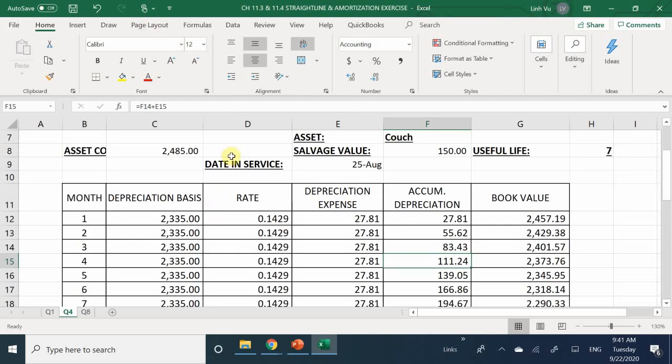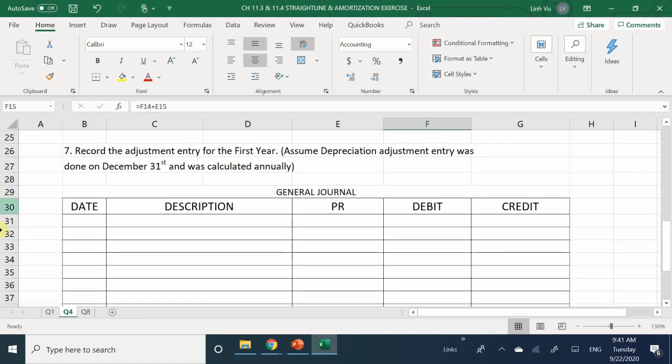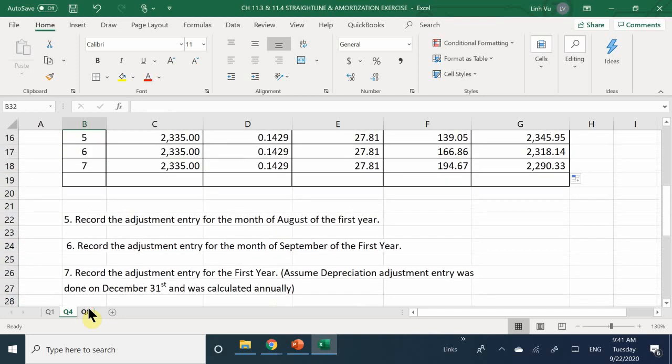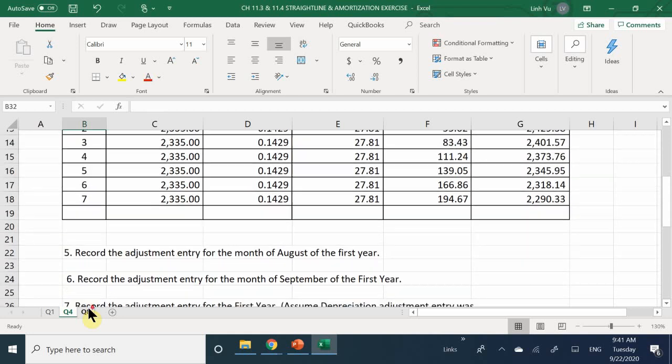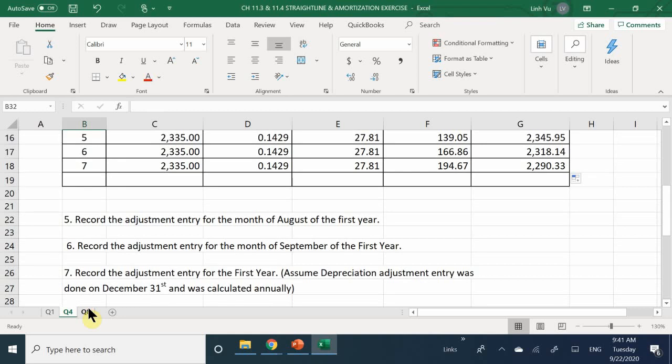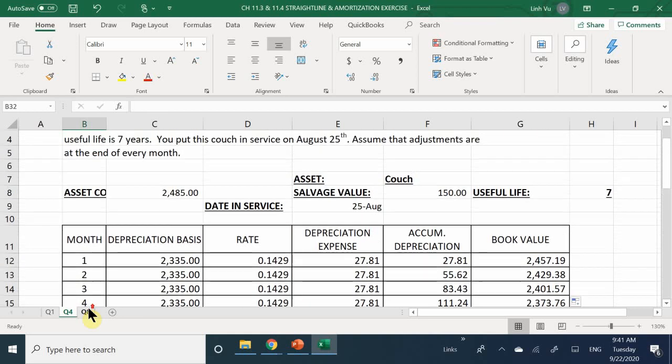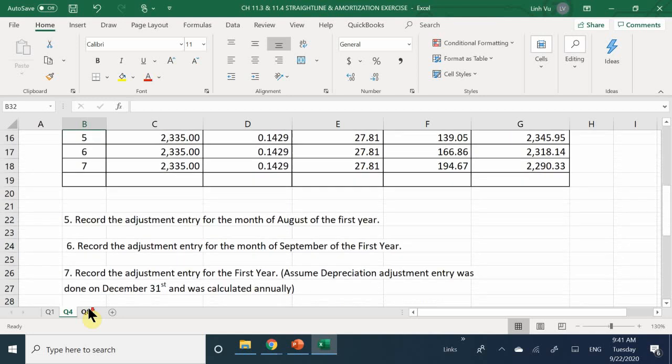Okay? So, how do we journalize for the month of August? Depreciation expense? No. For the month of August, none, because you're at almost the end of the month, so you start calculating for September. Correct. So in this case, this is also another trick question that you need to be aware of.